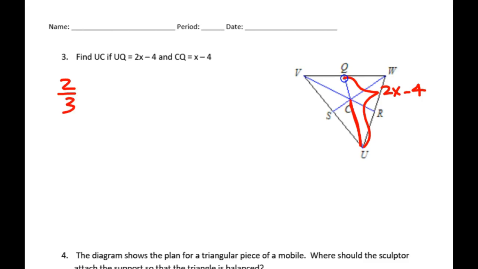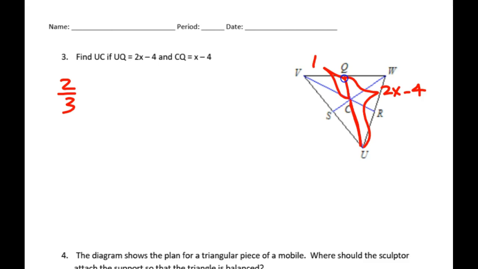Typically, we do 2/3 times a number, right? But in this case, we don't have a number. We have an expression, okay? 2x minus 4, okay? And check it out. We have CQ from here to here.